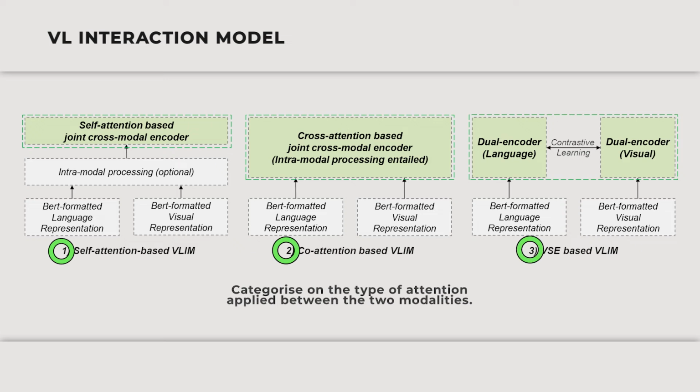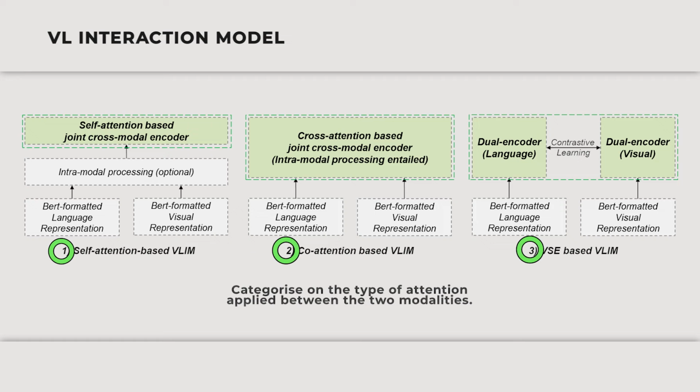The third type is VSE-based VLIM, which simply utilizes the dual encoder structured model with visual semantic embedding, VSE-based cross-modal contrastive learning. It is mostly applied for retrieval task-focused VLPMs. They tend to have a special focus on large-scale cross-modal retrieval, with high demand for efficiency.